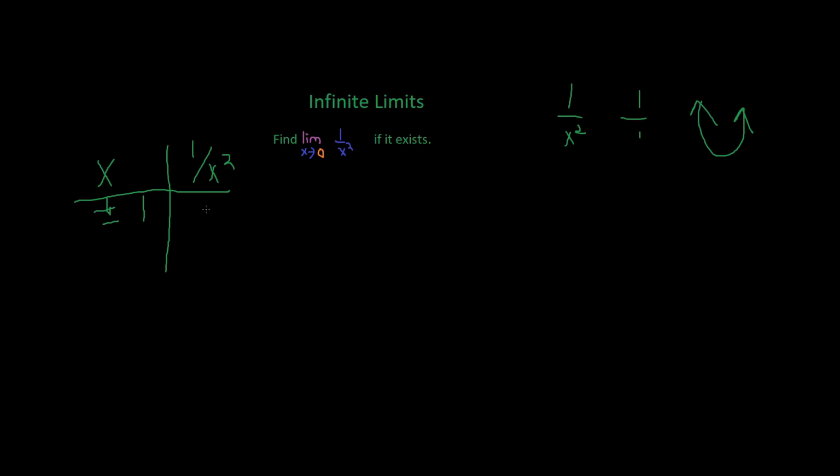So this would be 1. But let's say we kept plugging in numbers, right? And we're trying to get close to 0. Let's say we plug in 0.001. What number does that give us? If you plugged it in, you'll know that gives us 1,000,000.